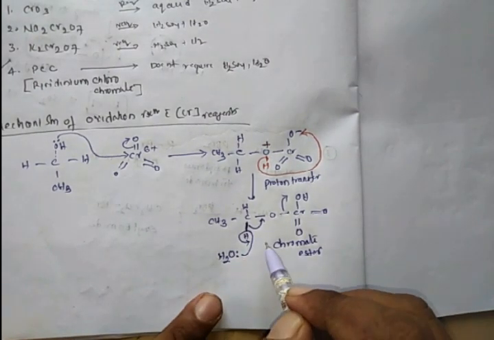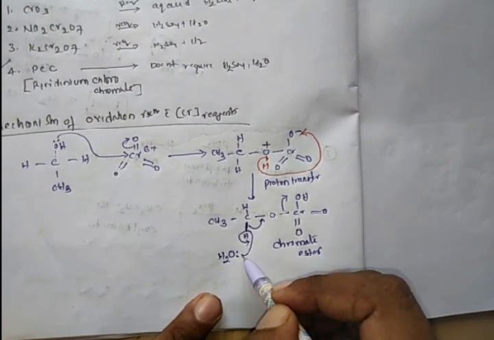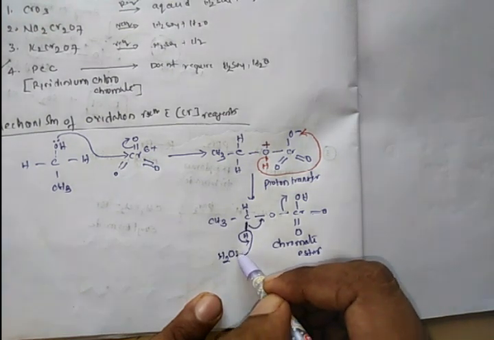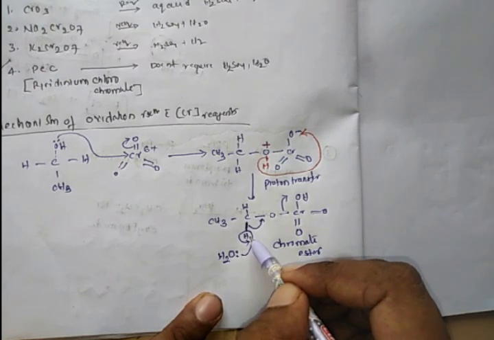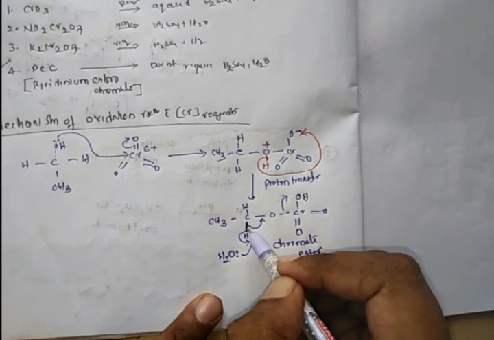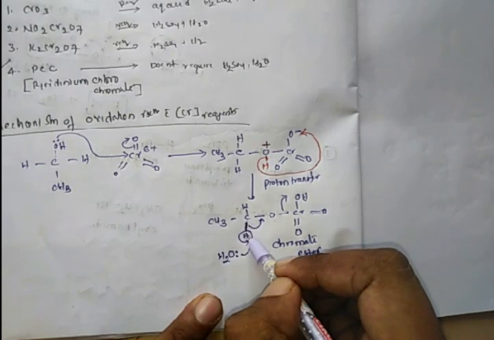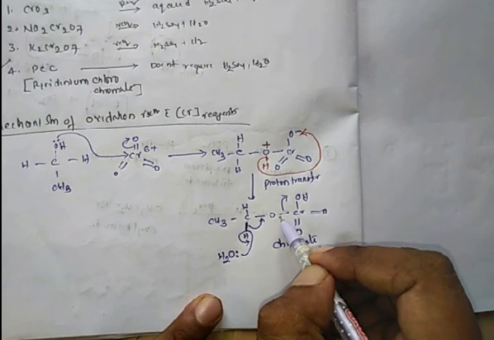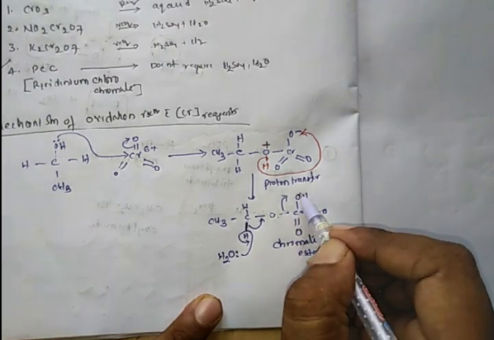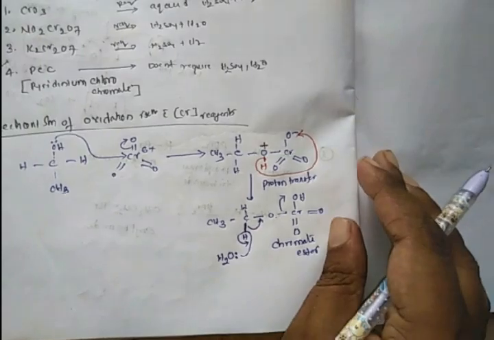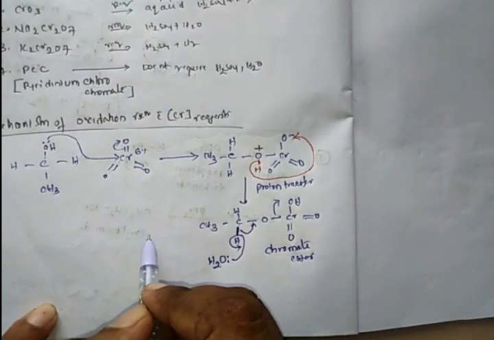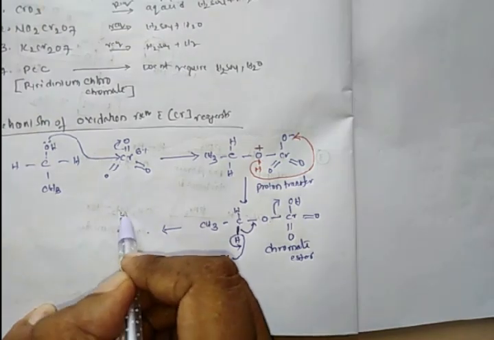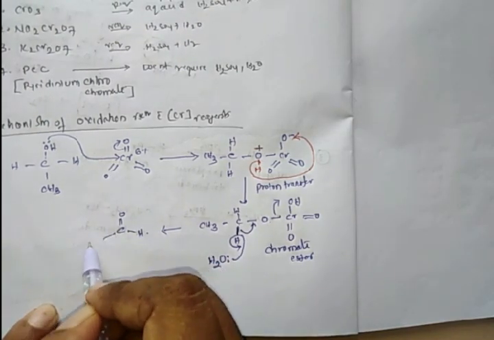Whenever a chromate ester comes in contact with the water in the reaction medium, this water is enough to abstract this hydrogen atom, and the electrons present in this carbon hydrogen bond will be shifted to the carbon oxygen bond, and this oxygen chromium bond will be broken and forms C double bond O, hydrogen, CH3.